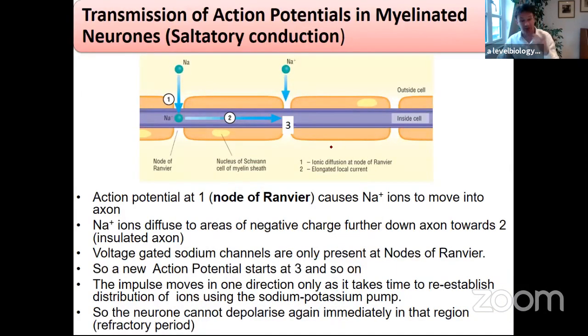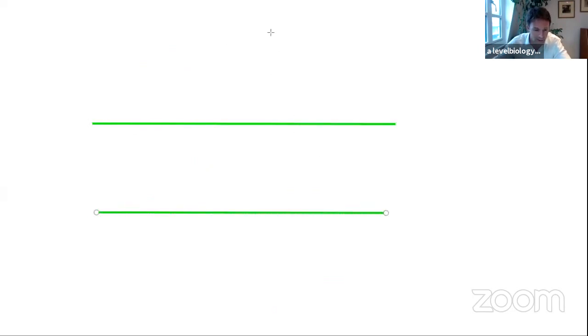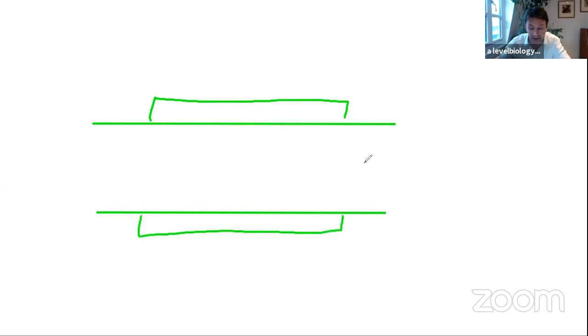Okay, so node of Ranvier. Now, this does cause a little bit of confusion amongst students, so I'll just try and talk you through it. So when we've got a node of Ranvier, you've got axon, axon, and then you've got myelination. Now, your axons are very narrow indeed.